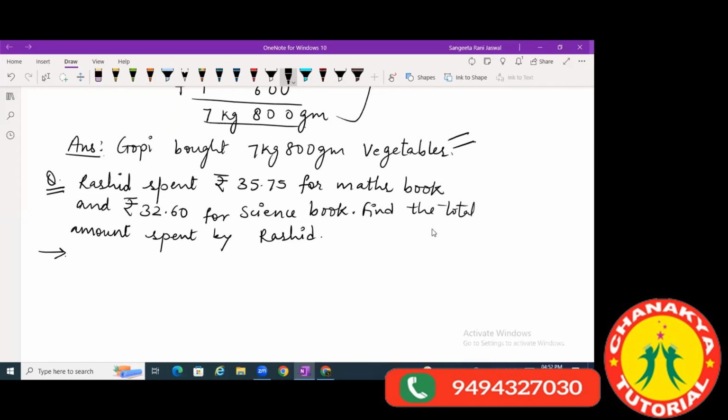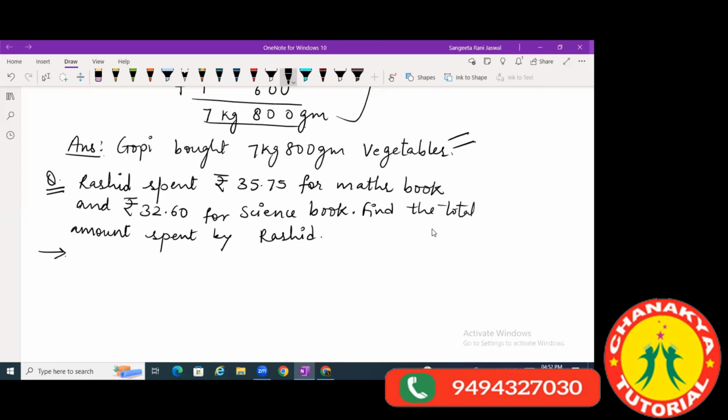So, you have to find the total amount. Whenever we are asked to find something total, what do we do? When words like total, all together are given, we do addition. So what will be the first statement, Bhavesh?